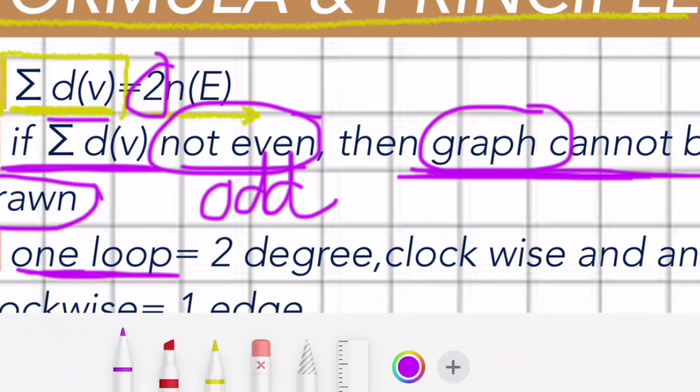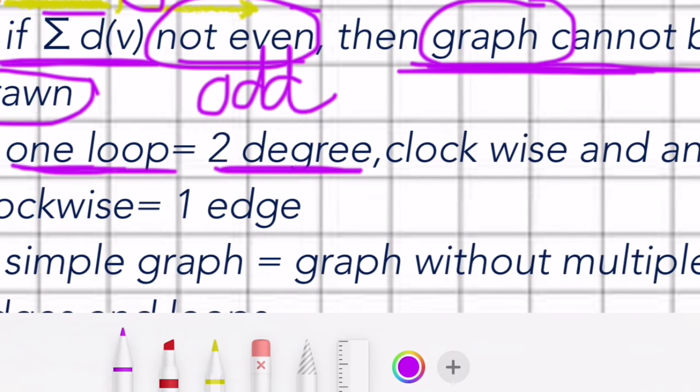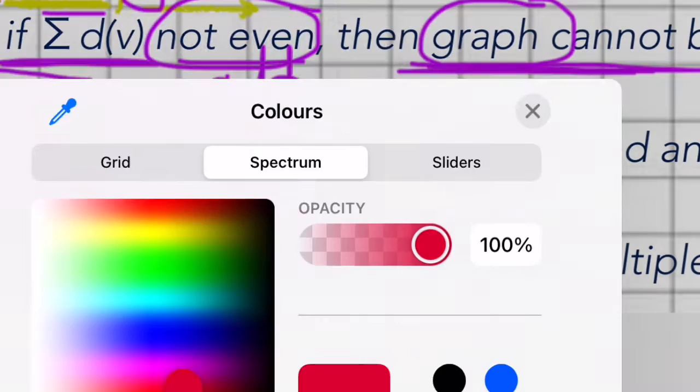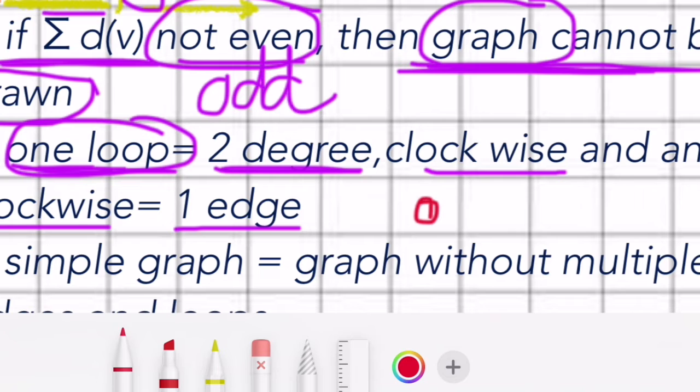One loop, the degree 2, clockwise 1, anti-clockwise consider 1. So for a loop, it consists of 2 degrees. This is important, please highlight. Okay, let's say you have a loop here.